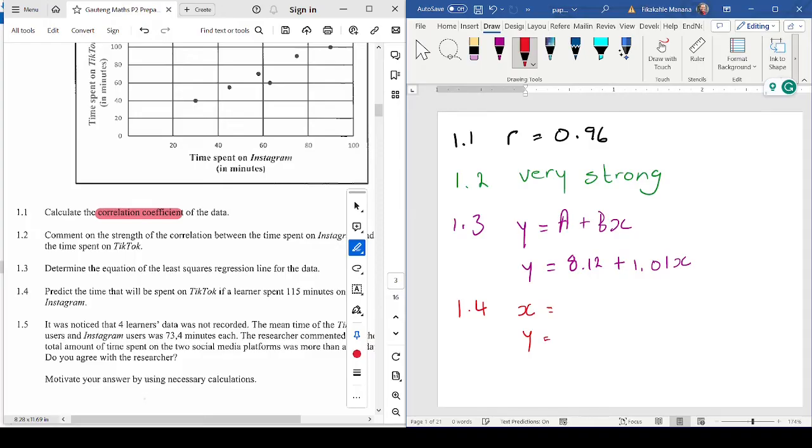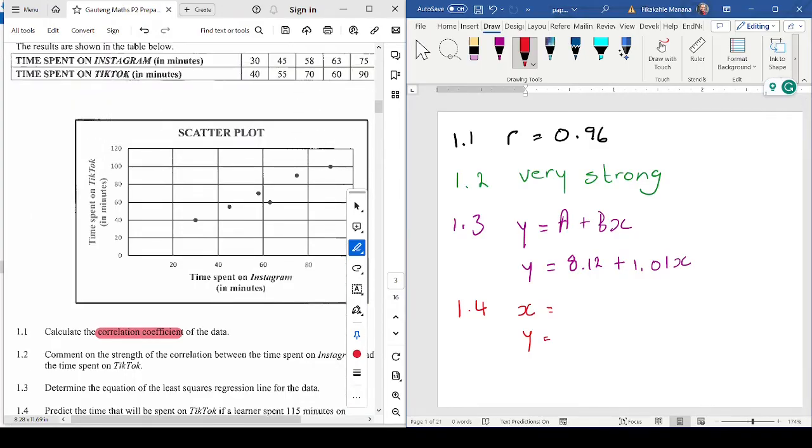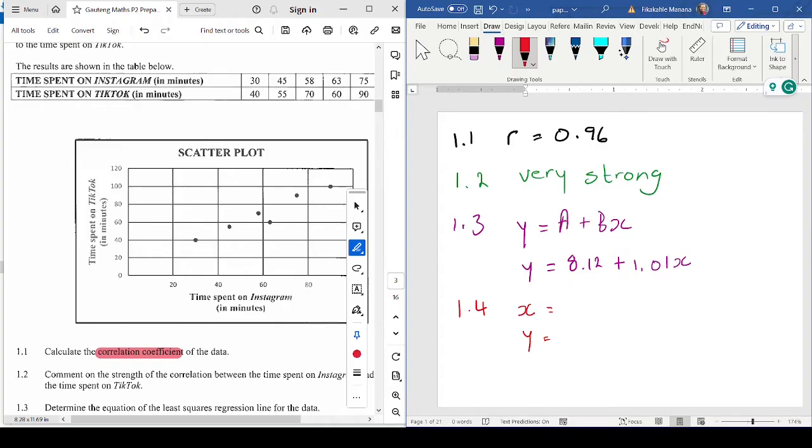Now when we were putting the data on the calculator, X, you remember, represented the data for Instagram, and then Y represented TikTok, right?